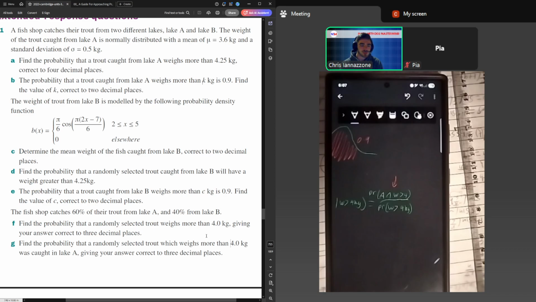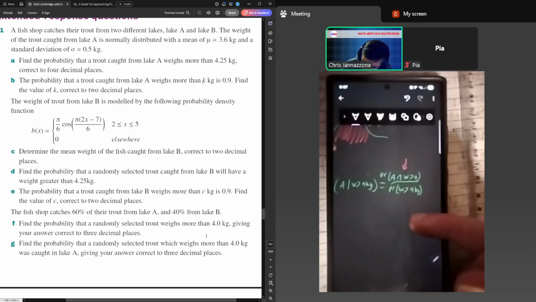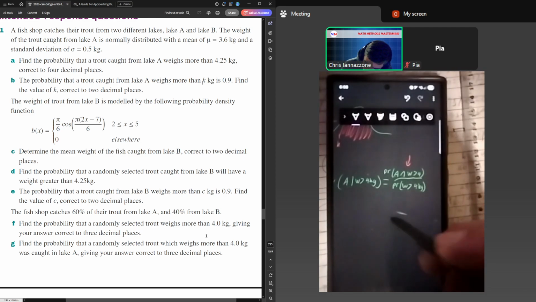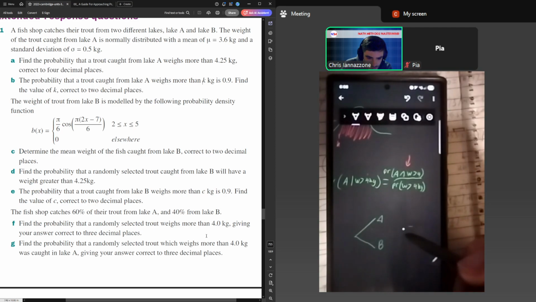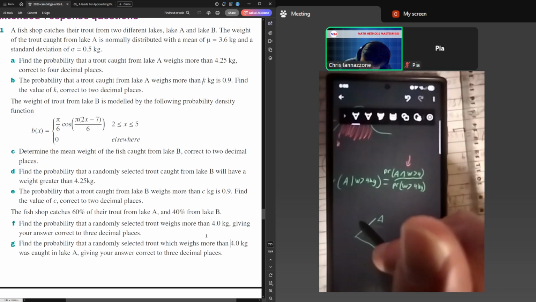Now this is going to get a bit tricky because I can think of two ways of doing this. One is tree diagram type, where you can go between Lake A, Lake B, have a certain probability of being selected. That's going to be 0.6 and 0.4 respectively.